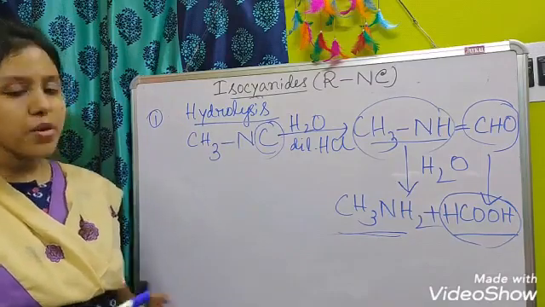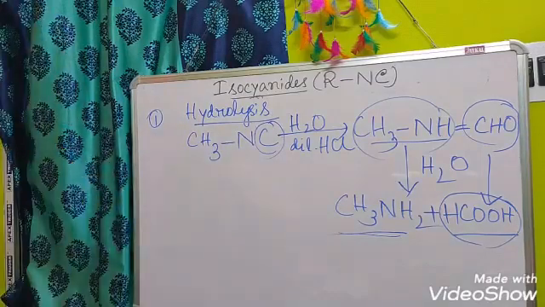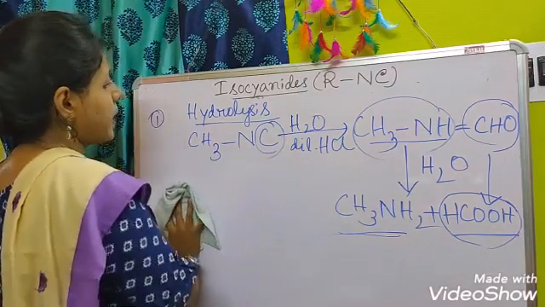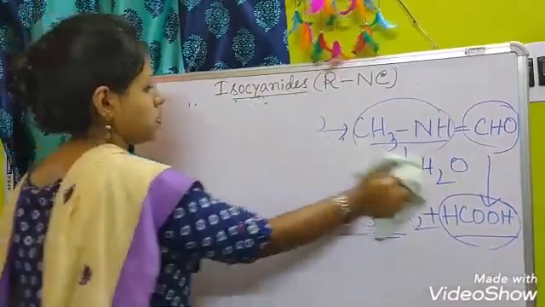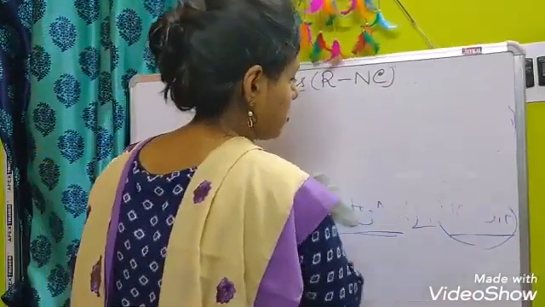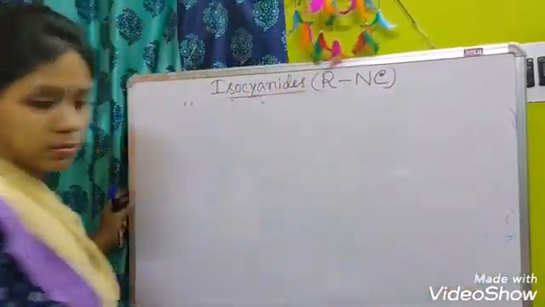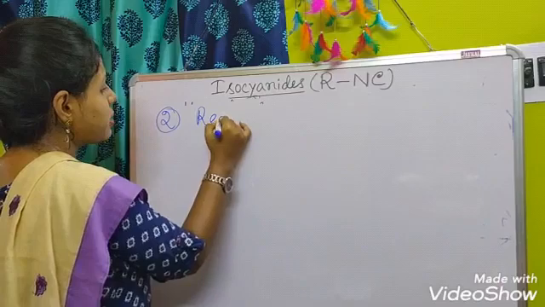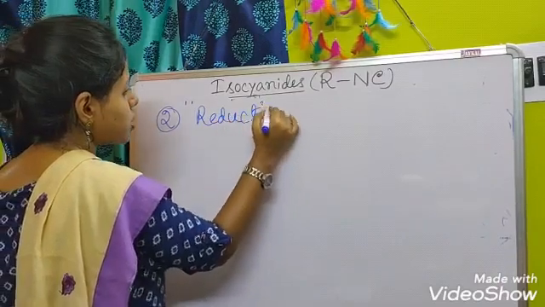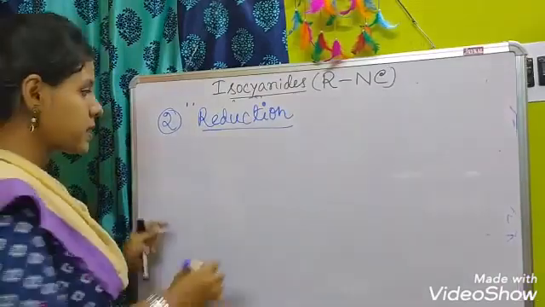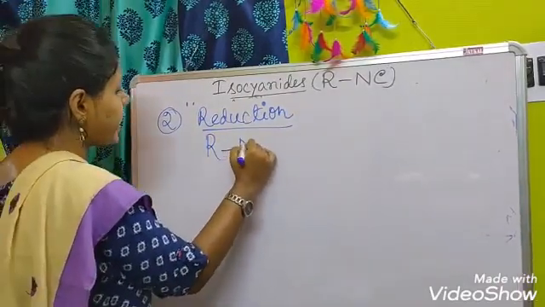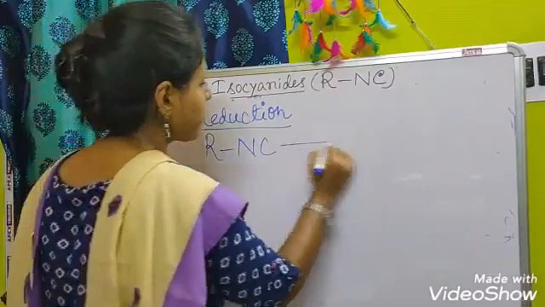Okay. Now the next reaction, that is reduction. Number 2, complete reduction. So here we will see the complete reduction of the isocyanides. First of all, we are taking any isocyanide here.